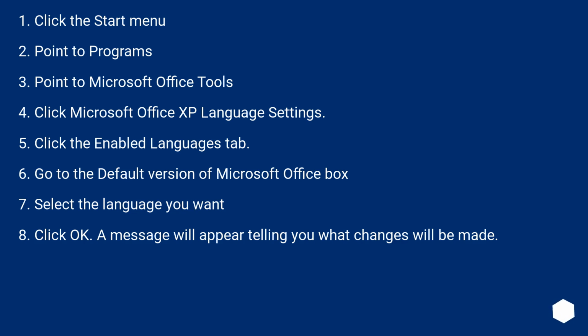Click the Enabled Languages tab. Go to the default version of Microsoft Office box. Select the language you want. Click OK. A message will appear telling you what changes will be made. Click Continue.